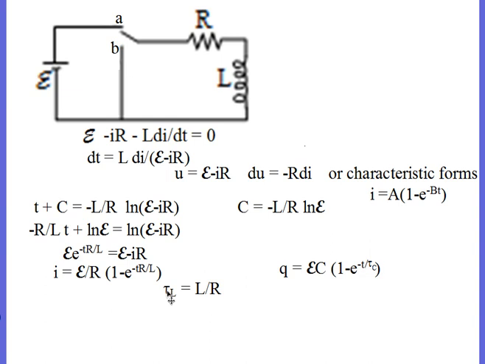Again, after this amount of time you would have e raised to the negative 1, and so again it's going to be 63% of fully charged here, and then in a discharge, you would lose 63%, down to 37% of the field.